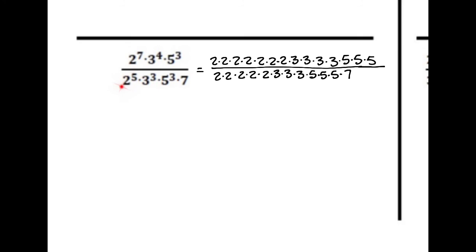On the bottom, we have 5 2s, 3 3s, 3 5s, and a 7. Okay, so this is the advantage of writing it using exponents, right? All right, so this is their process 2, I believe is what it was.